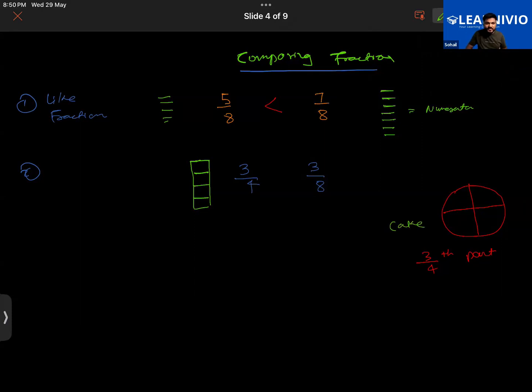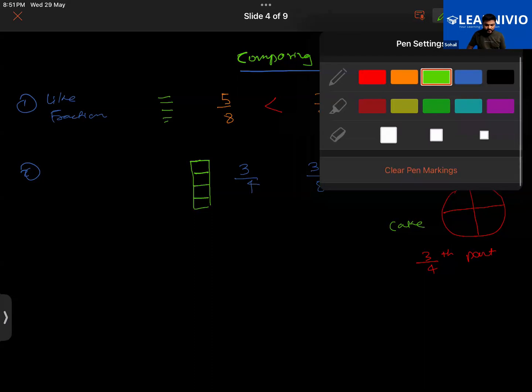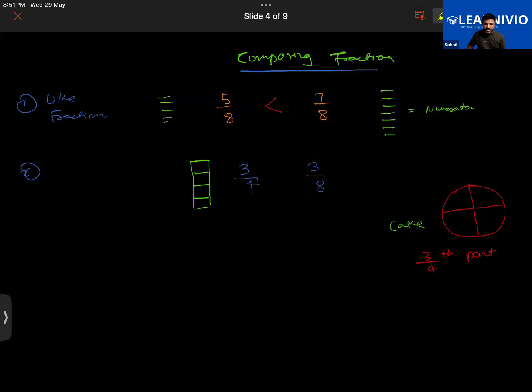You have to shade 3 parts out of 4. So you will shade 1, 2, and 3 out of a total of 4 parts. So 3 upon 4 shaded will look like this.